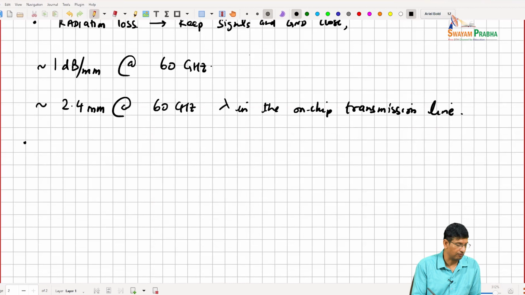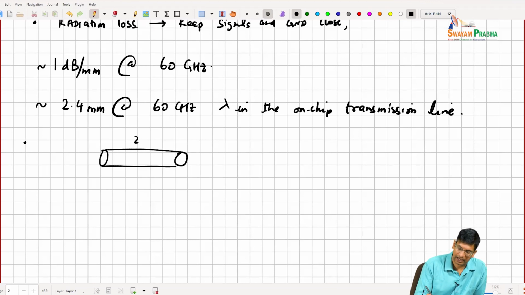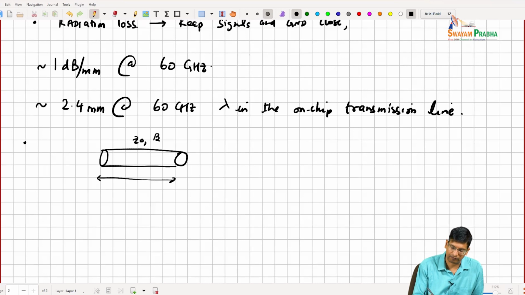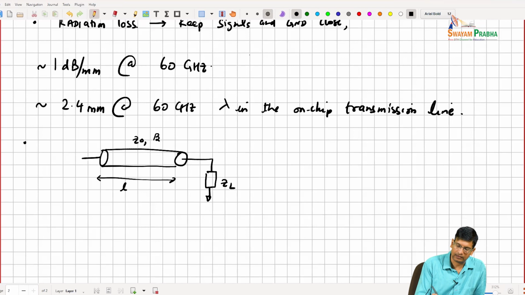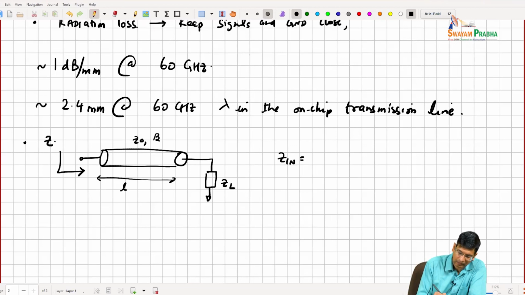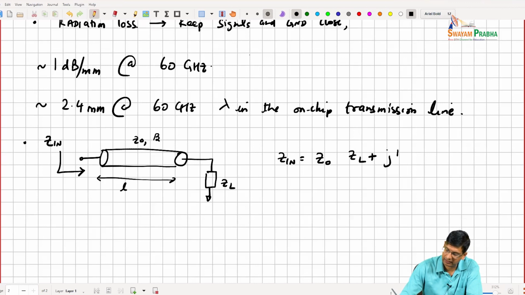Let's say we have a transmission line with characteristic impedance Z0 and a wavelength that can be calculated from beta, and a physical length L. If there is a load ZL, the input impedance Zin is given by Z0 times (ZL plus jZ0 tan βL) divided by (Z0 plus jZL tan βL).